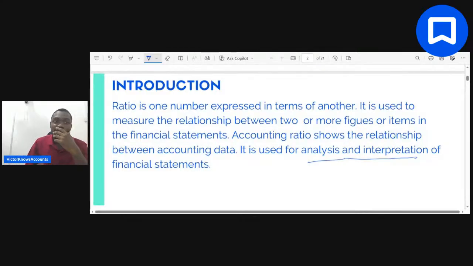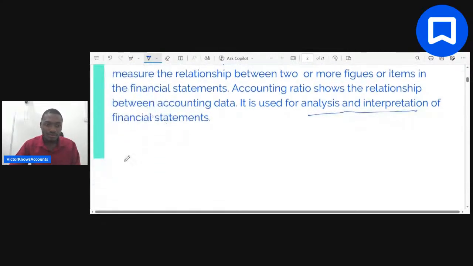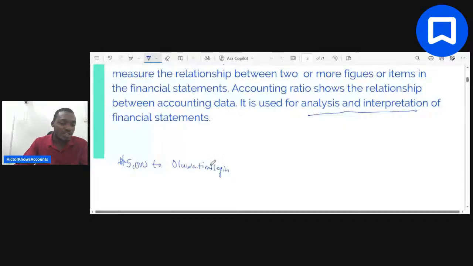Oluwatimileyin, let's assume that I gave you 5,000 naira. Let me ask you, if I give you 5,000 naira, will you be happy or sad? How happy will you be? Are you going to be happy if I give you 5,000 naira?